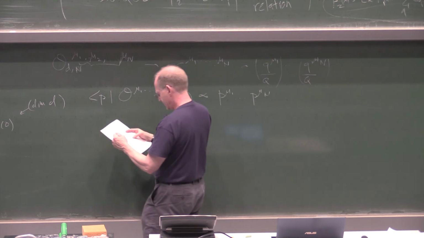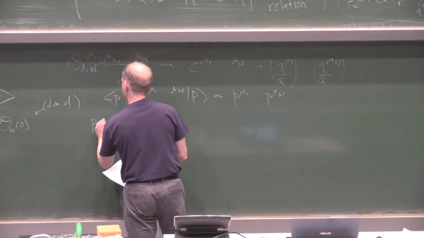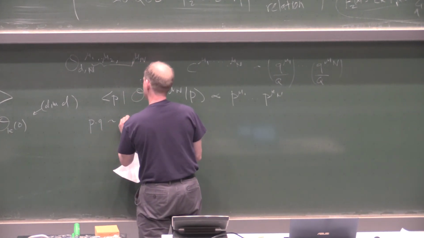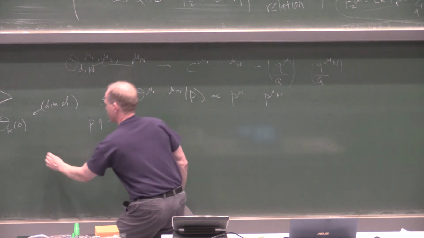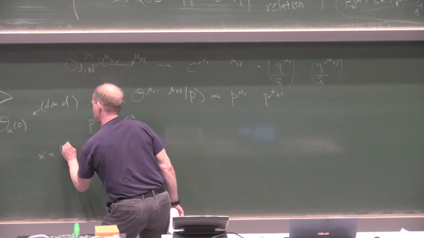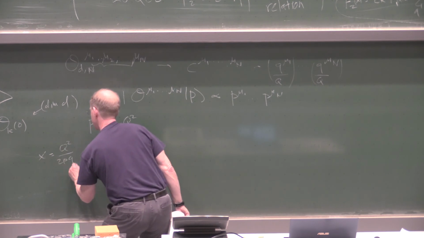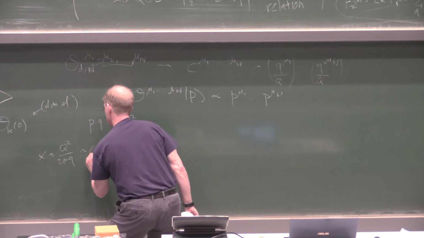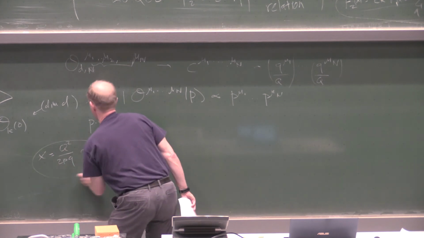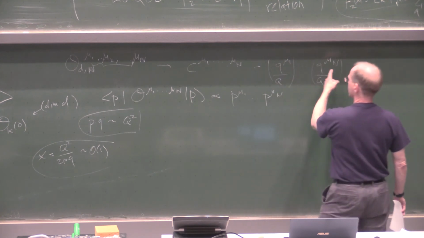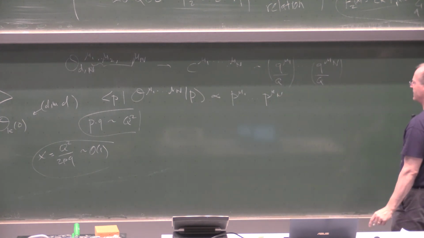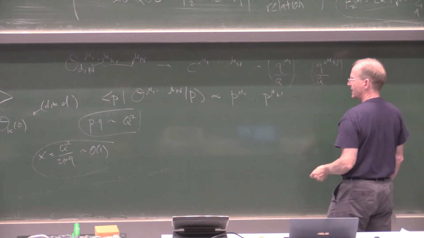And then we can use the fact that P dot Q scales like Q squared because X, which is Q squared over 2 P dot Q, is of order 1. So then we can get additional powers of Q in the numerator coming from these contractions.